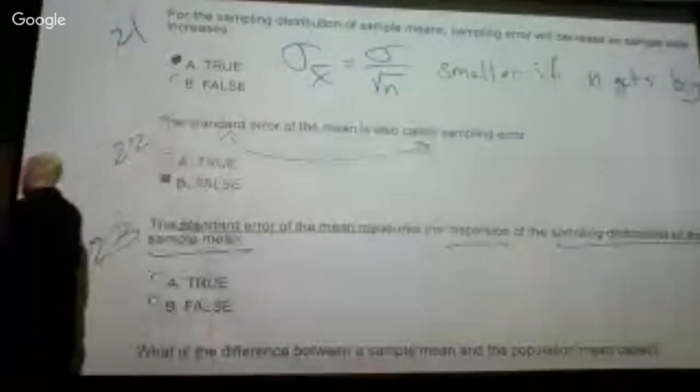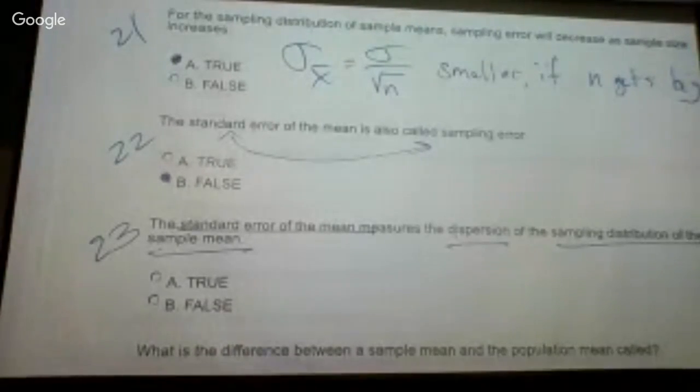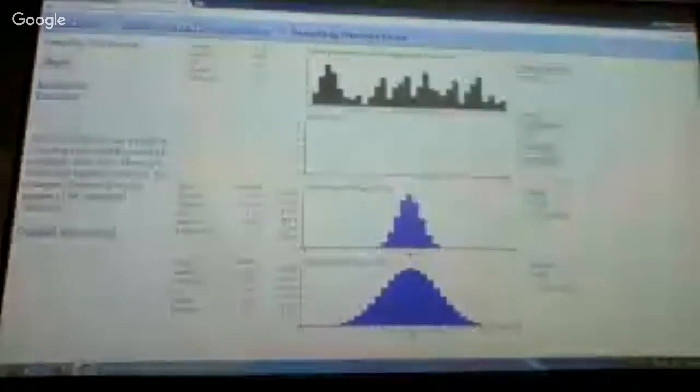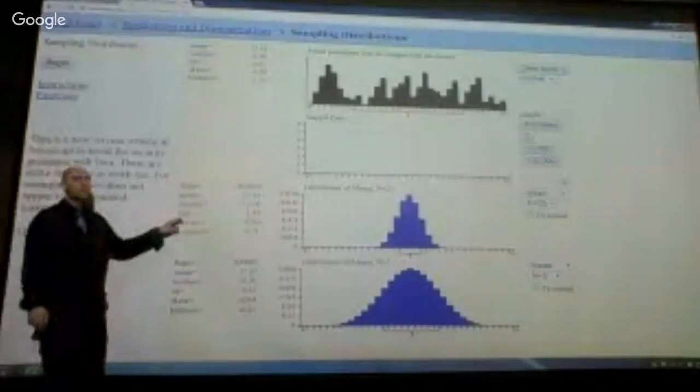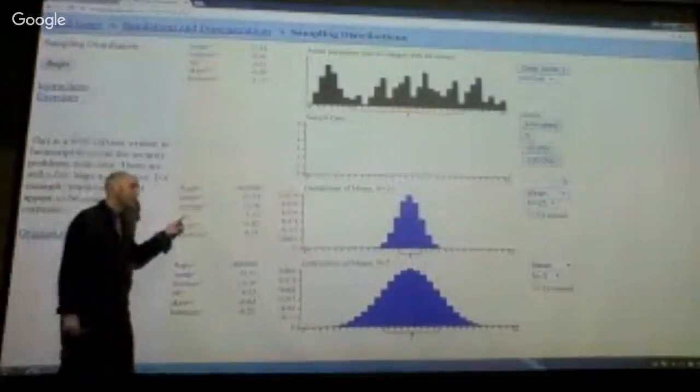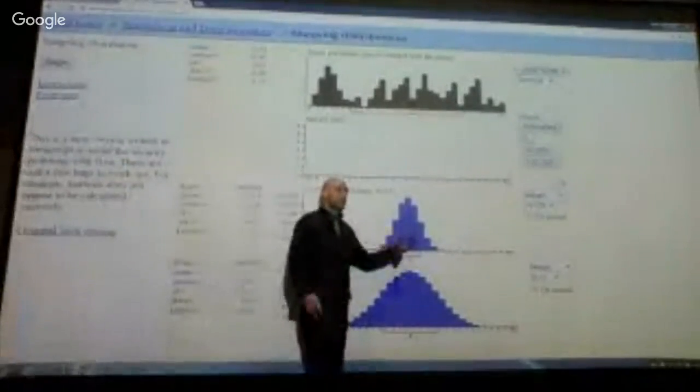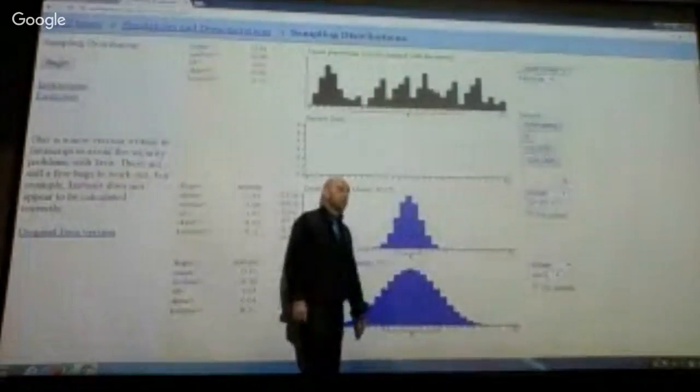Standard error. This value, the standard deviation of this distribution, is the standard error.